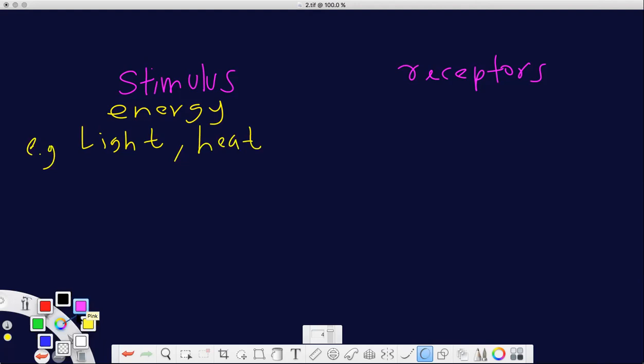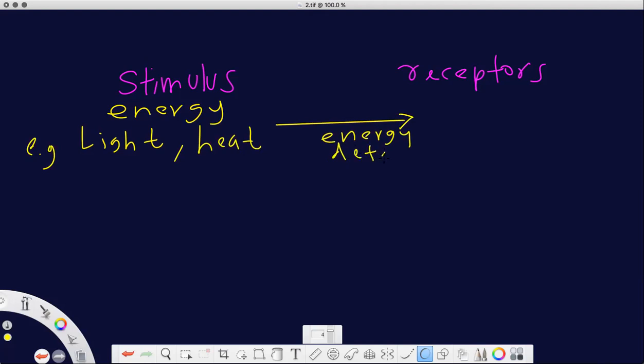Right, then what are the receptors? Now receptors can detect this energy. So then I can write here energy detectors. So they can detect energy. For example, the eye can detect light energy. For example, skin can detect heat energy.